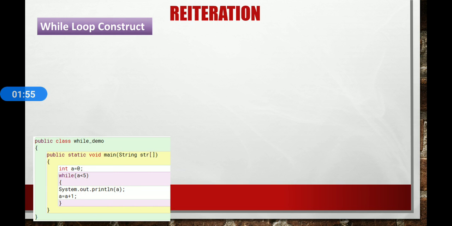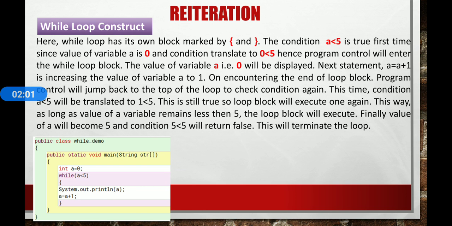Here is an example of the while loop. Here the while loop has its own block marked by curly brackets, an opening curly bracket and a closing curly bracket. The condition A is less than 5 is written here. It's true the first time since the value of variable A is 0.